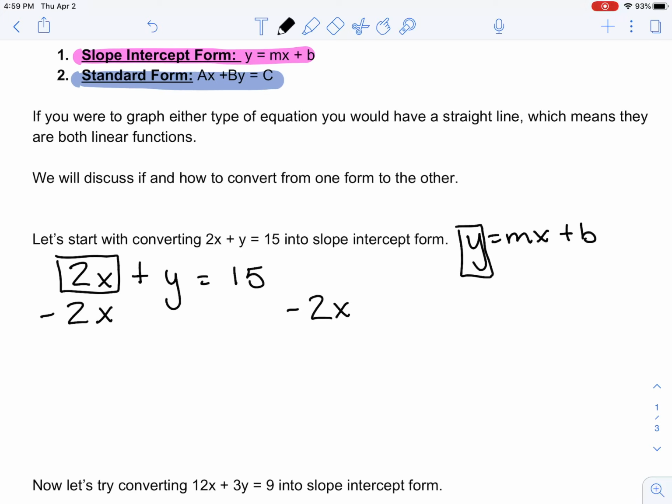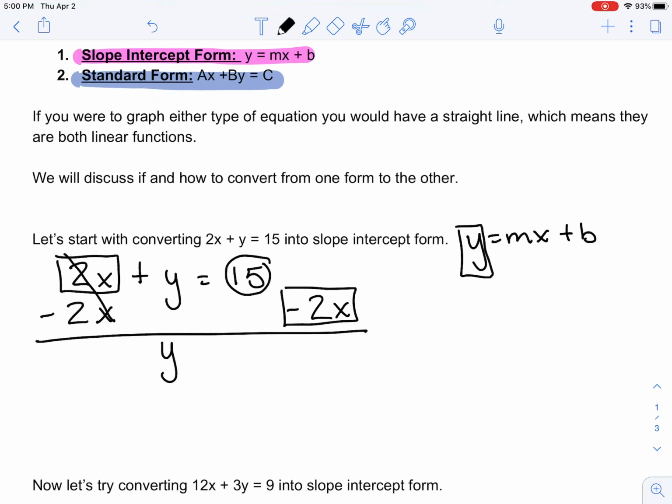Notice, when I'm subtracting it from the right side, I wrote it off to the side. The reason for that is that 15 and negative 2x are not like terms, so we cannot combine them. So instead, when we cancel it out there, we're left with y equals 15 minus 2x. So you notice that y is by itself. So there we have it in slope-intercept form.